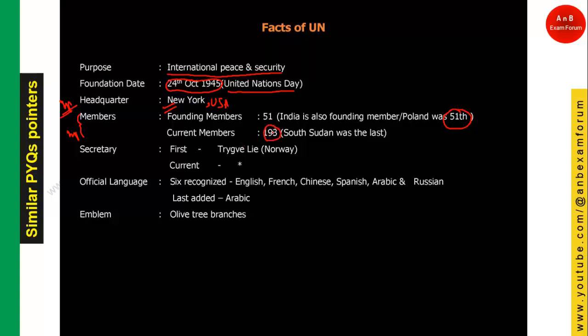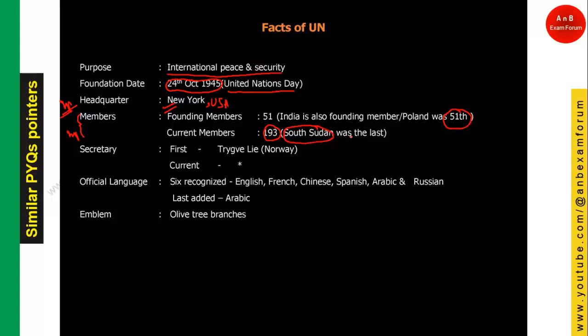This is also an important number: 193 are the current members of the United Nations. As I told you, the United Nations is a group of countries working on international peace and security, and there are 193 countries who are members of this organization. And remember the last one, the 193rd, is South Sudan, an African country.